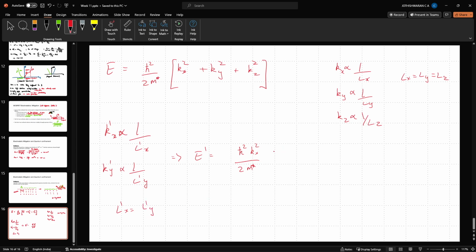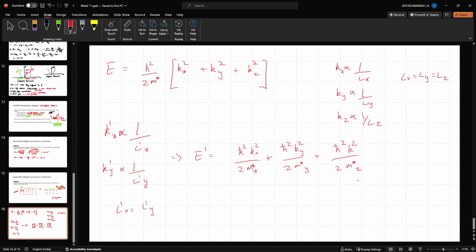Now, if I don't want to go to k dash, whatever change happened there, I'm going to introduce it over here. So I'm going to write E as h bar squared kx squared by 2 m star x, plus ky squared by 2 m star y, plus kz squared by 2 m star z.